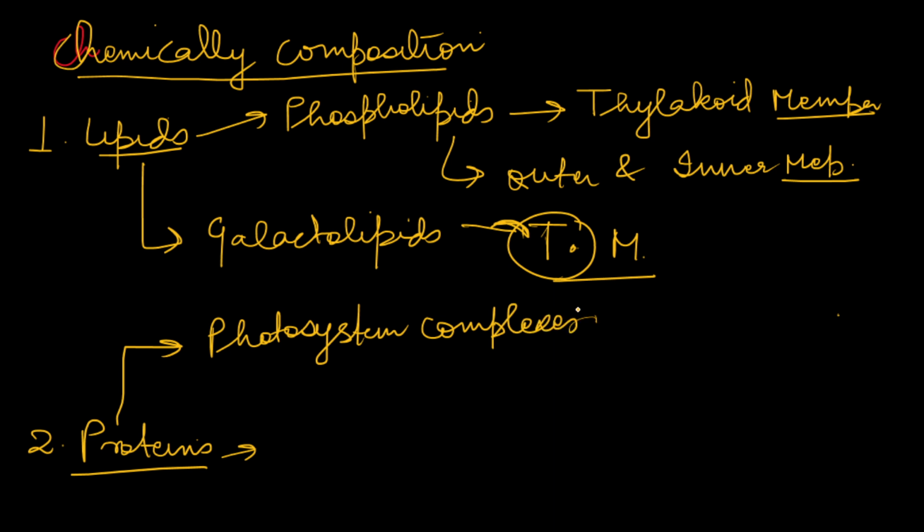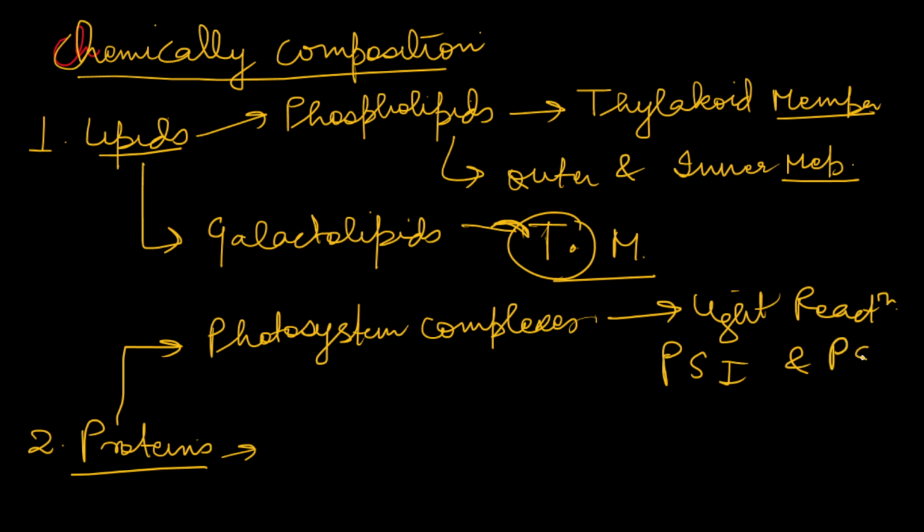These proteins are involved in the light reaction of photosynthesis. For example, PS1, that is photosystem 1, and PS2, photosystem 2. In these two photosystems in the light reaction, you will find proteins.